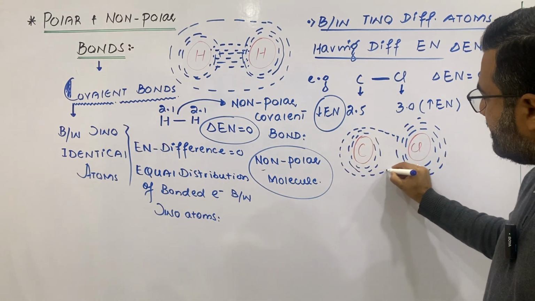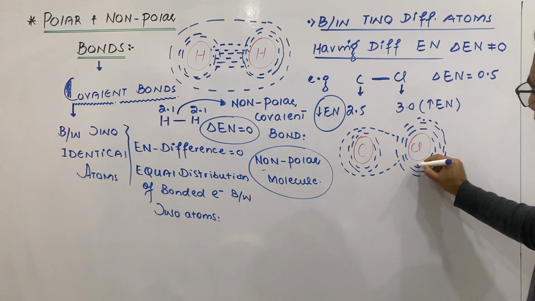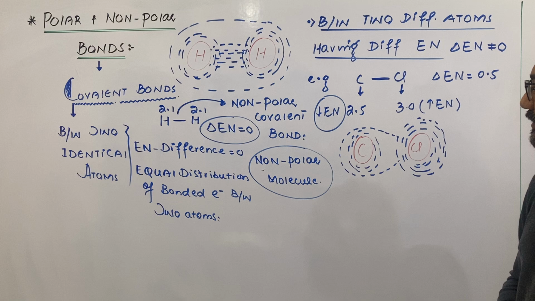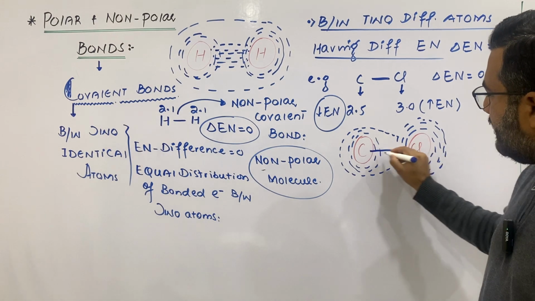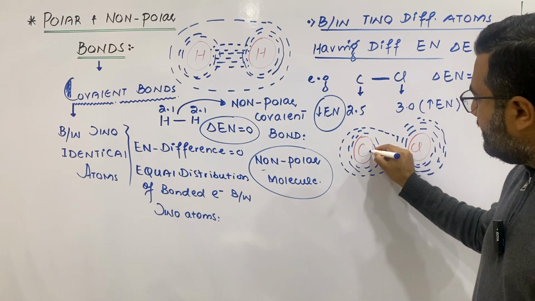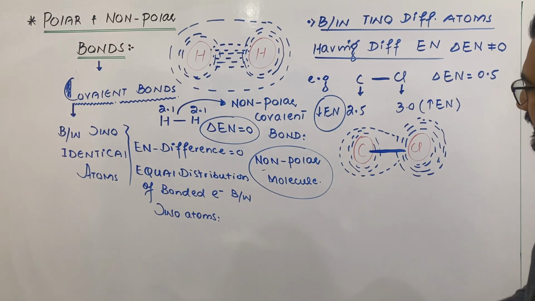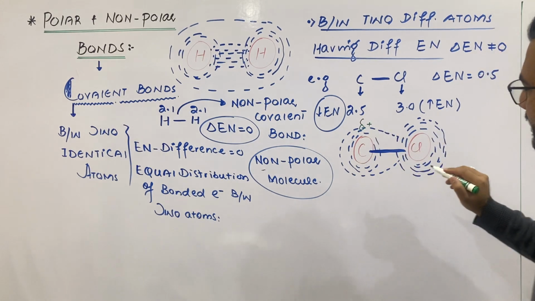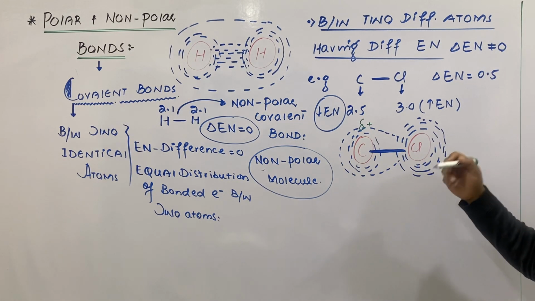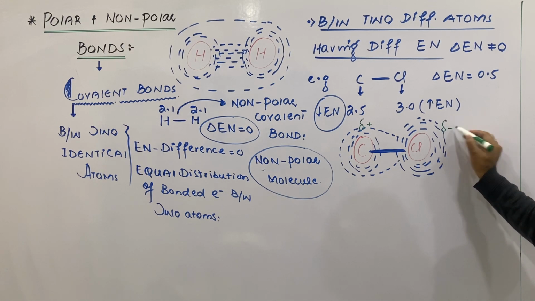So like this, the atoms will be bonded, but the bonded electron density will be more in the molecular orbitals of the chlorine. Now in this case, due to unequal distribution of the electron density, the atom having low electrons in its molecular orbitals will get delta positive charge, and the atom having more electrons in its molecular orbitals will get delta negative charge.